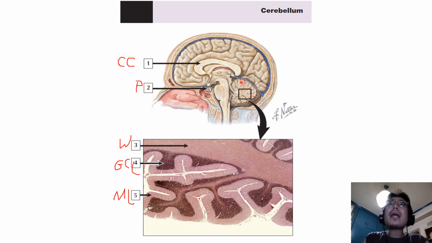The outer cortex has a remarkably uniform trilaminar organization, and it consists of an outer molecular layer. This is the pinkish part over here in the light micrograph, an outer molecular layer, and an inner granular layer.